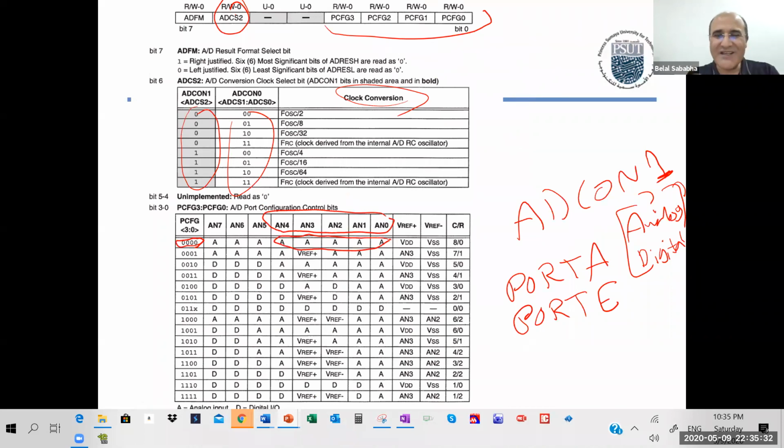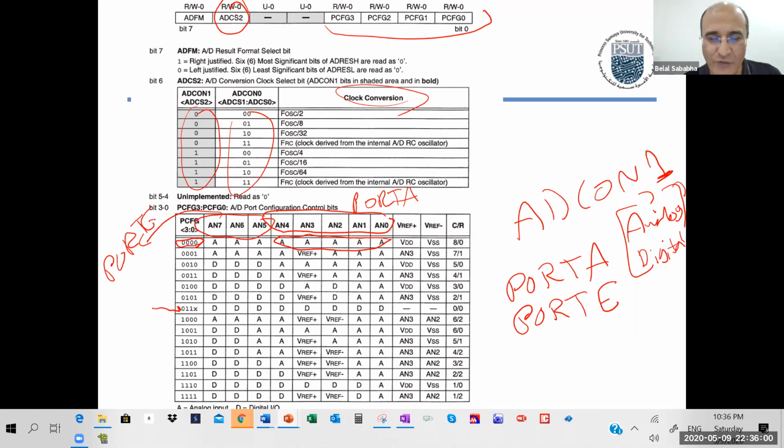See? So I was not able to use them like port B and port C. To make them digital, and we're going to do this next time in chapter 7, I need to make these 4 bits 0, 1, 1, 1 or 0 to make all of port A and port E digital. These are port E, these are port A.